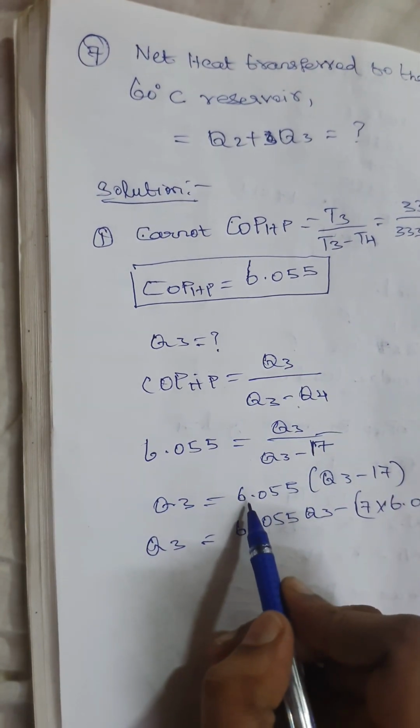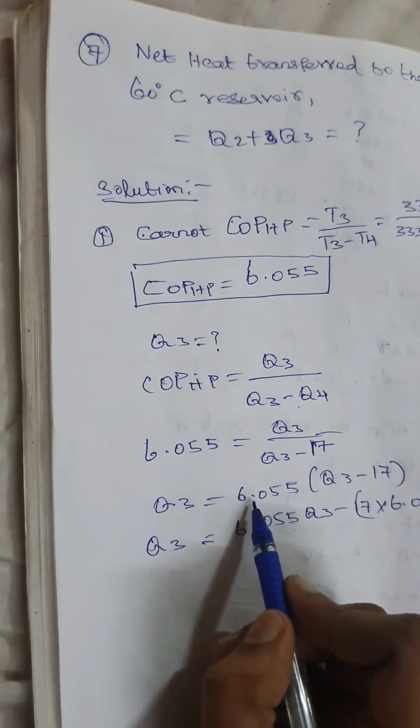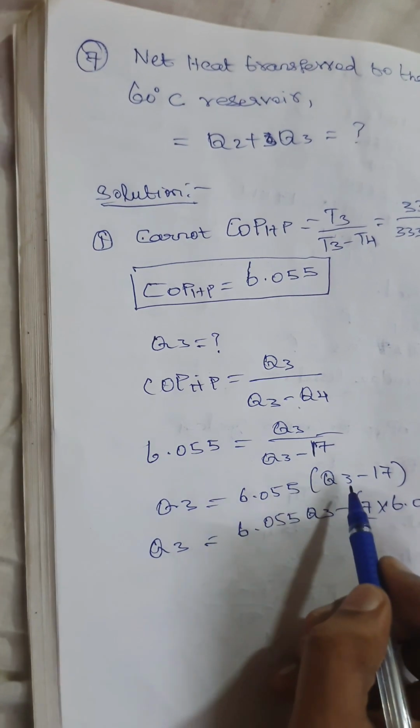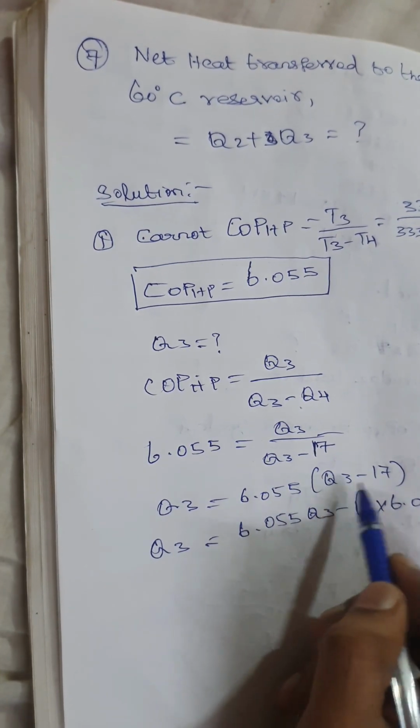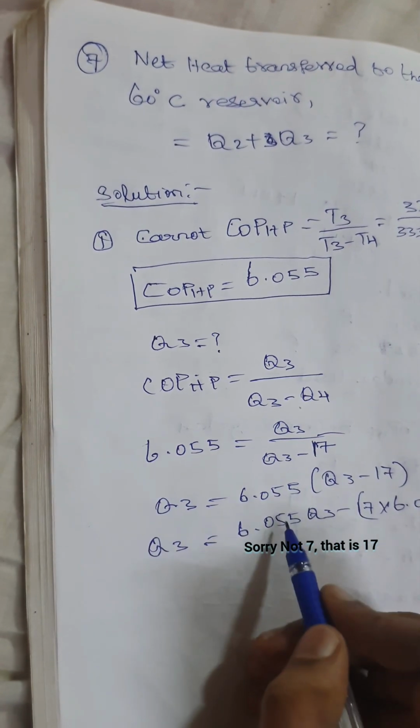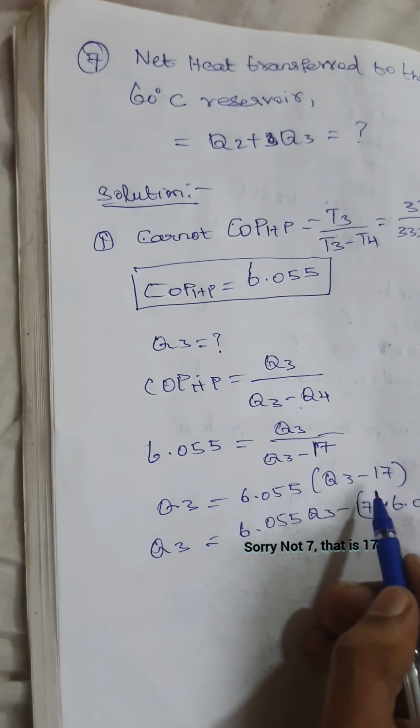Now you are taking this value and writing this, because it can be multiplied with both the values given in the bracket.